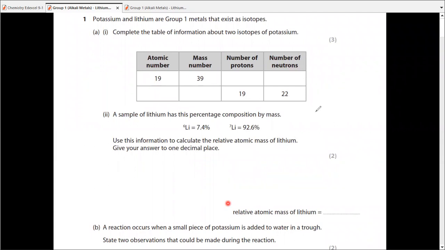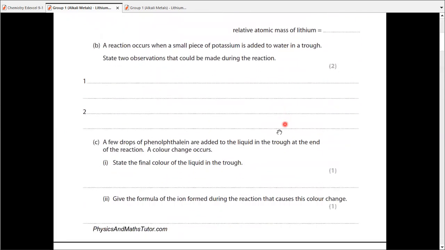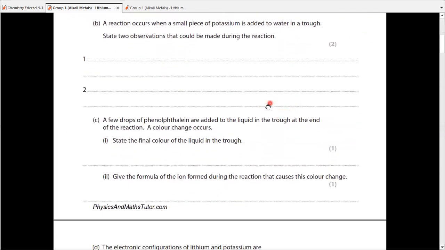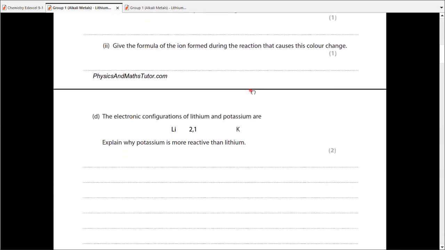Question 1, part A does not belong to this chapter. Let's skip it, neither part A1 nor part A2. So let's move on to part B. You've already told me about part B.